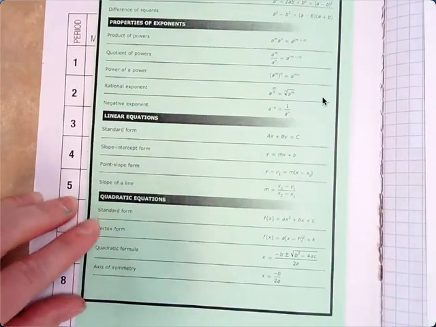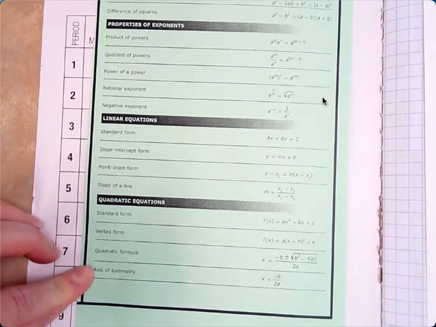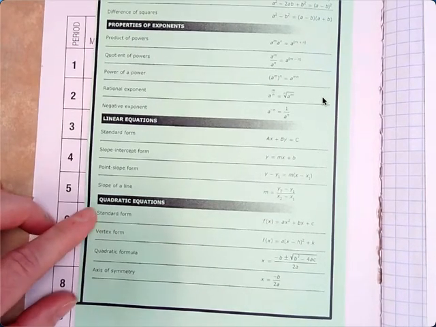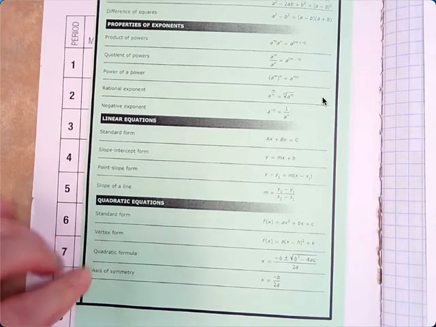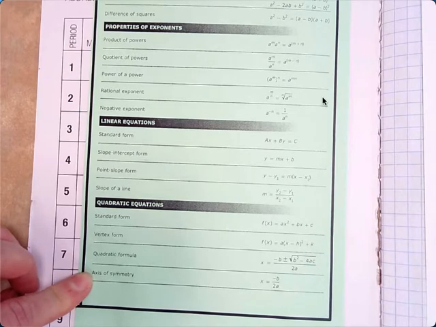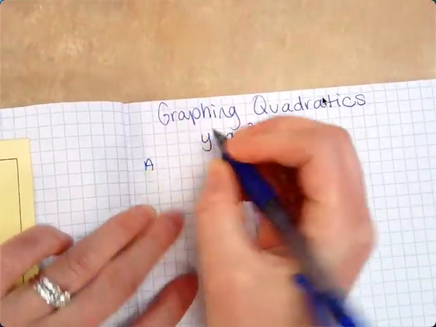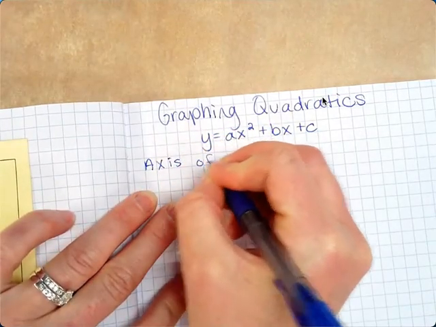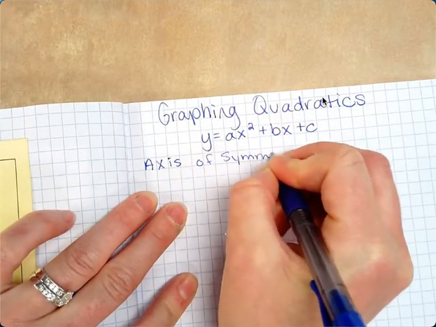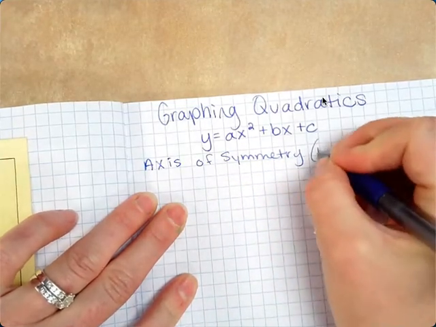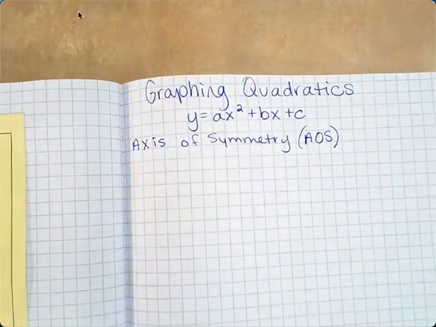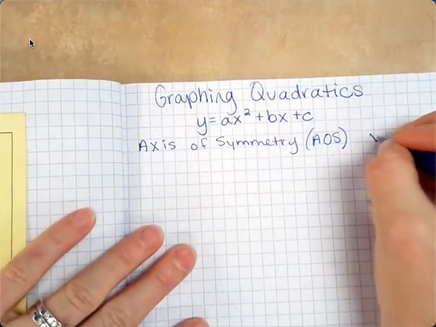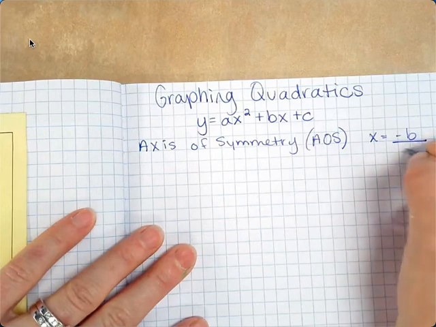So see how all 4 of these formulas are on our formula chart? They give us standard form. That's the one that we're going to talk about today. We're not going to worry about the next 2 right now, but we're going to talk about axis of symmetry. It's also on here. So let's go ahead and write that axis of symmetry. A lot of times I'll write it as AOS. And it's x equals negative b over 2a.